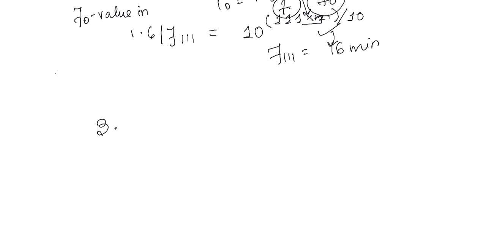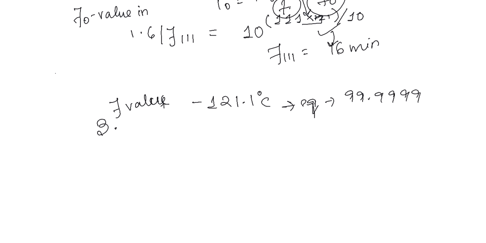Next, we will have a small numerical. The third numerical: the F value at 121.1 degrees Celsius, equivalent to 99.999% destruction of a strain of Clostridium botulinum, is 1.8 minutes.